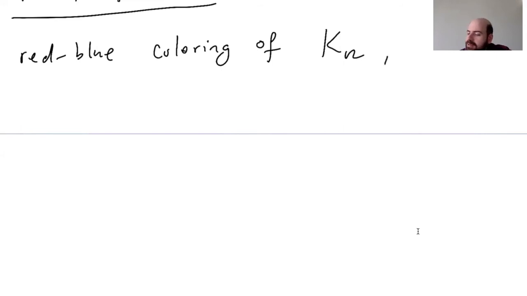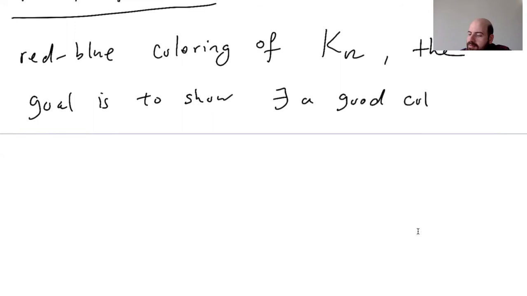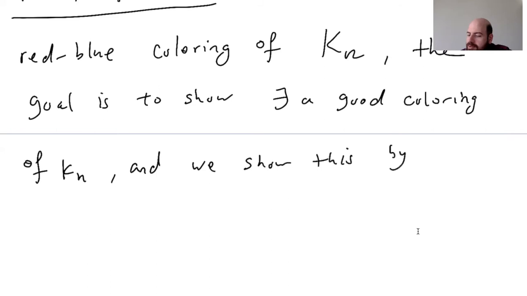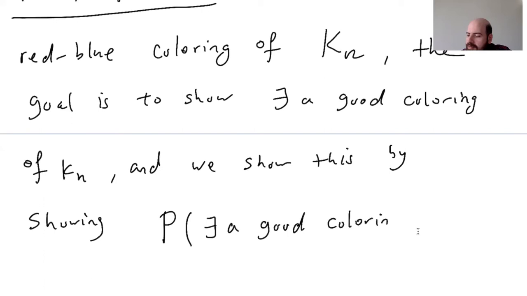Okay, so the goal is to show there exists a good coloring of Kn, and we show this by showing that the probability that there exists a good coloring of Kn is bigger than 0.